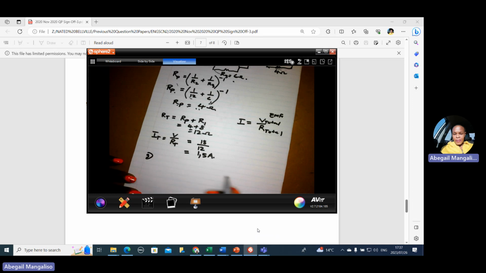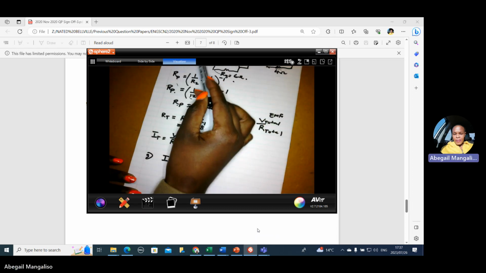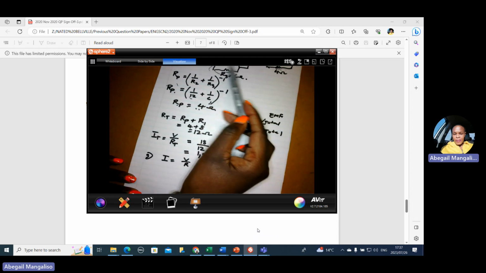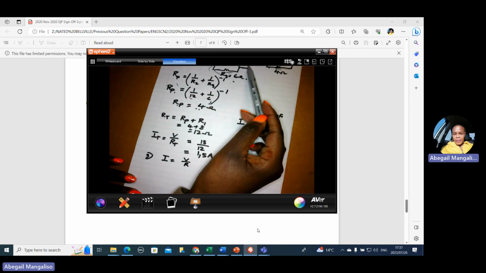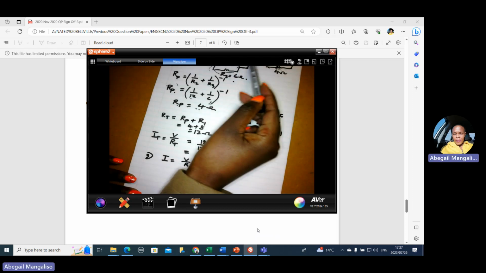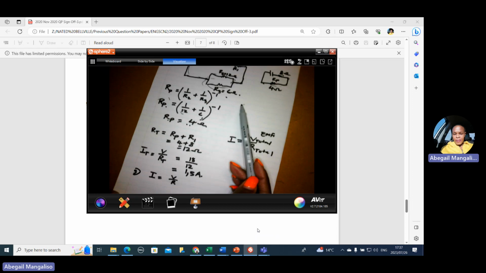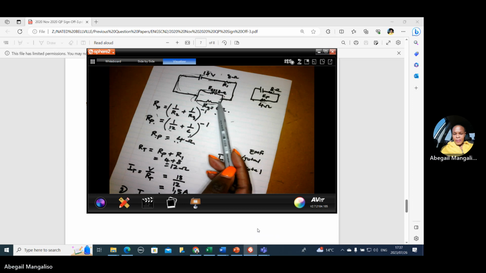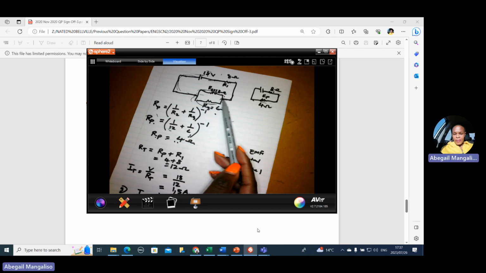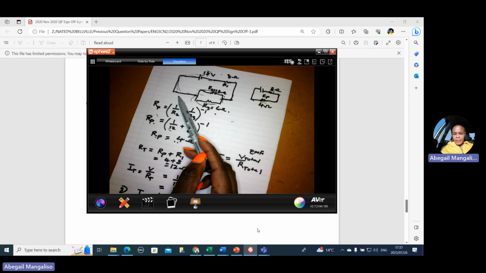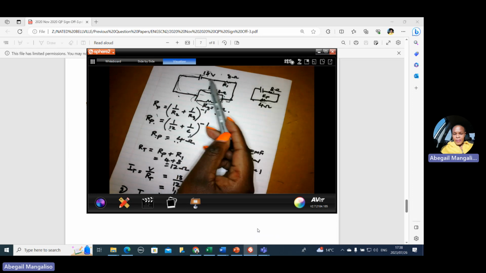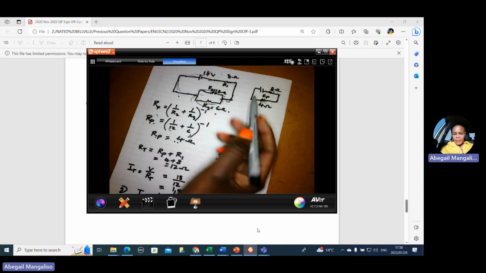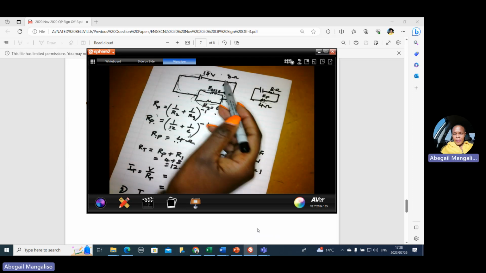For number 3, Ohm's law says I equal to V over R. The current from the battery, it branches here, but what enters the junction leaves the junction. Then it flows through the 8 ohm.